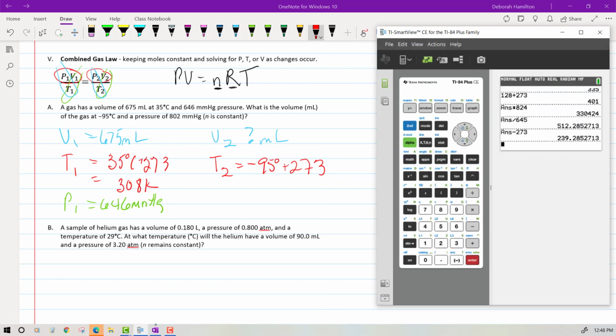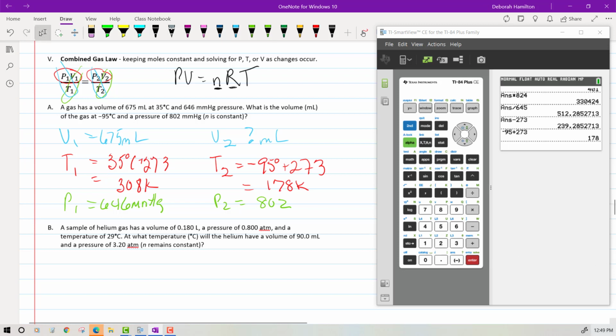And I'll bring up the calculator for that. 95 plus, not times, plus 273. And that gets us 368 Kelvin. All right, and then the second pressure is 802.